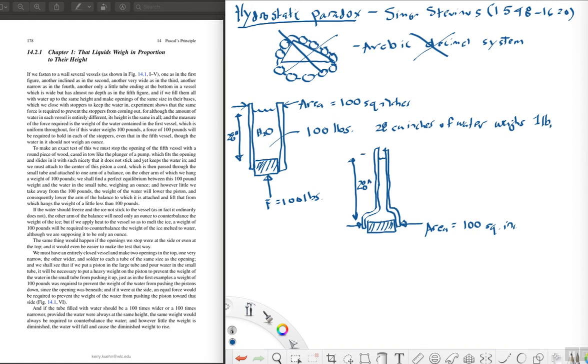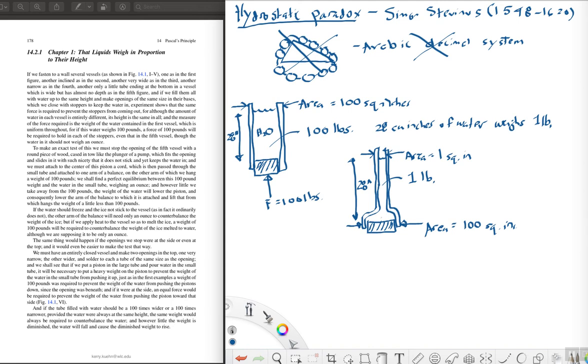And let's suppose at the top here, the diameter is very narrow so that the area at the top was only 1 square inch. So this is like a very long, thin neck opening up into a wide neck at the bottom. And let's suppose this is narrow enough so that in here you only have about 1 pound of water.